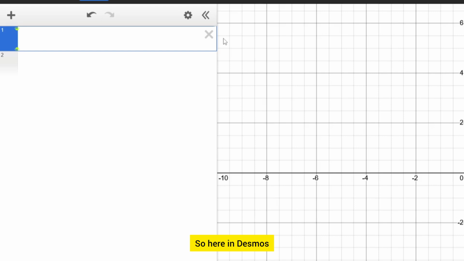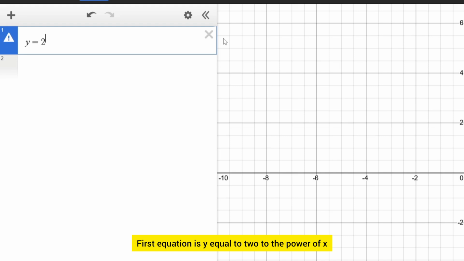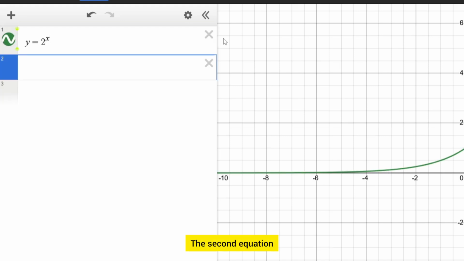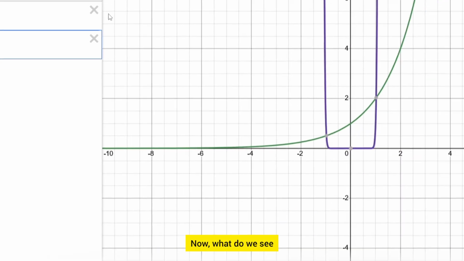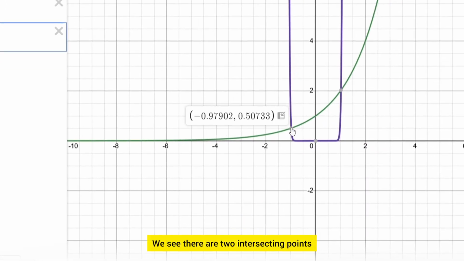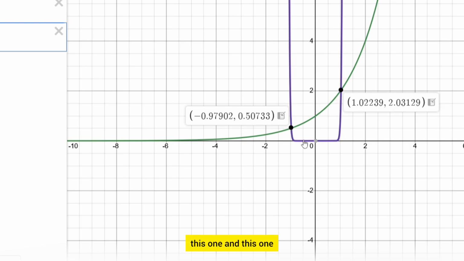So here in Desmos, let's write down those equations. First equation is y equal to 2 to the power of x. The second equation, y equal to x to the power of 32. Now what do we see? We see there are two intersecting points, this one and this one.